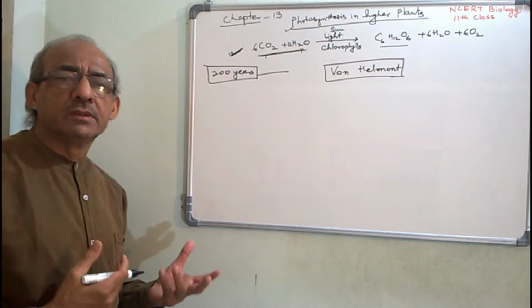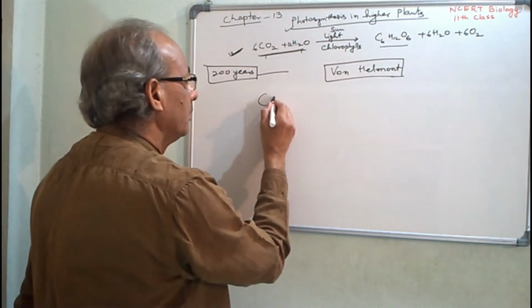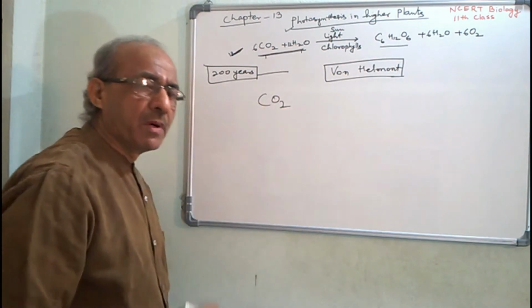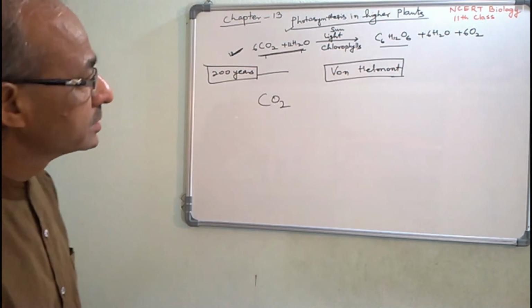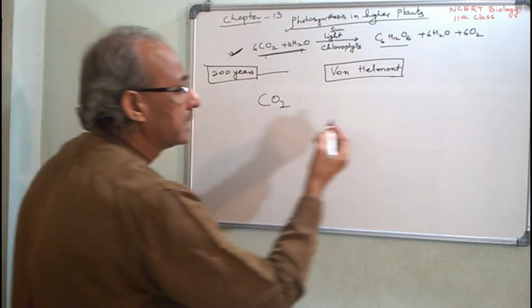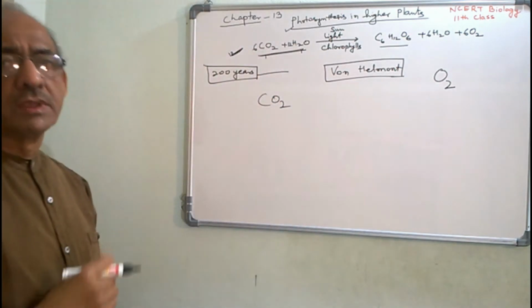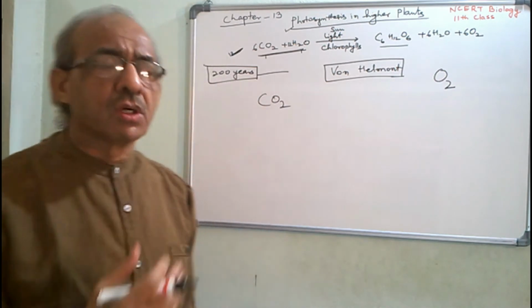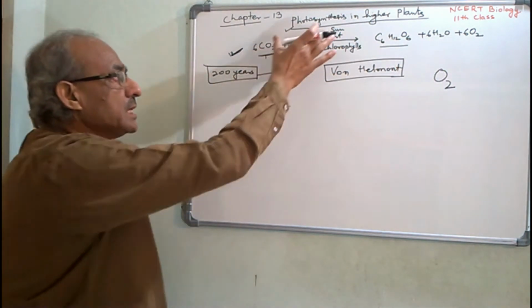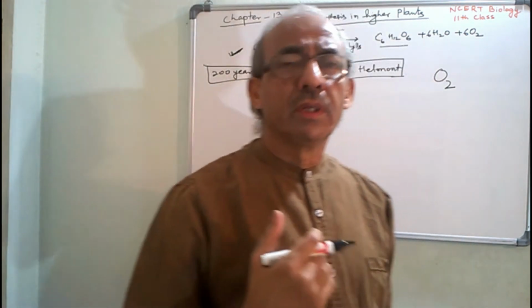Some discovered that carbon dioxide takes part in photosynthesis. Some discovered that oxygen is evolved during photosynthesis. Some discovered that photosynthesis is a light dependent biochemical reaction.